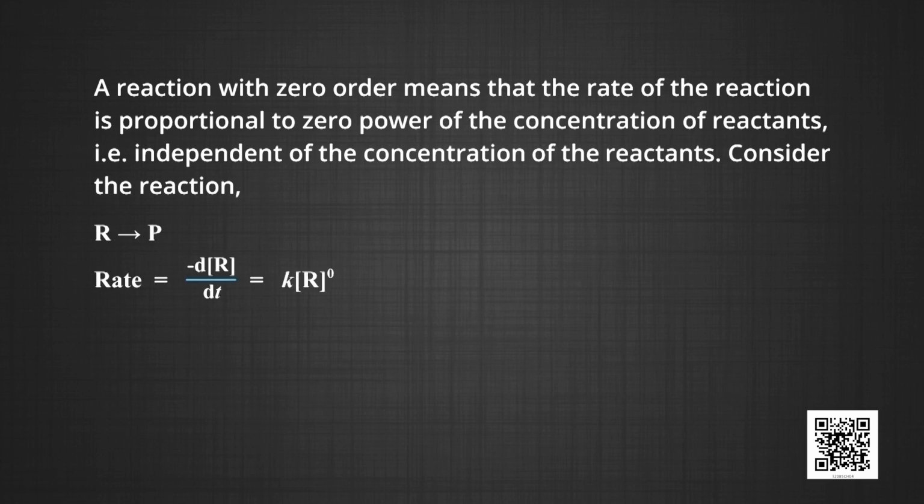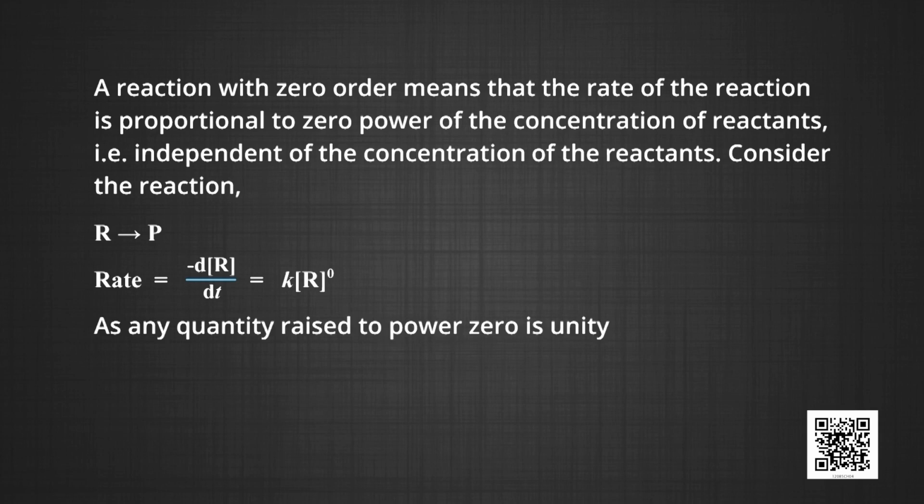The rate expression will be minus d[R]/dt equals k[R] raised to power 0. As any quantity raised to power 0 is unity, therefore rate equals minus d[R]/dt equals k into 1, and hence d[R] equals minus k dt.